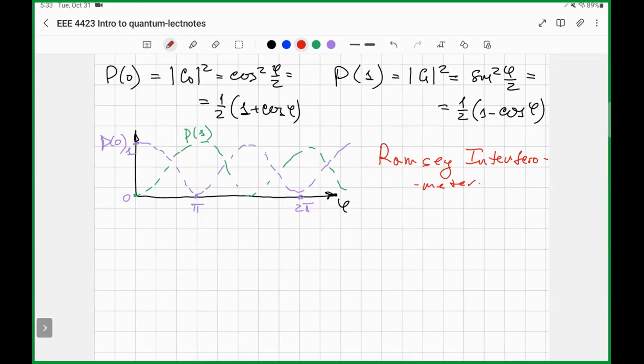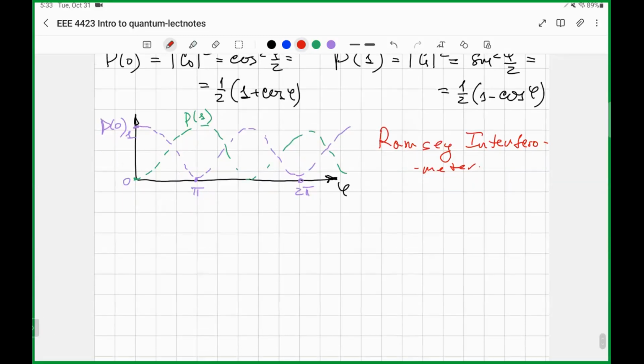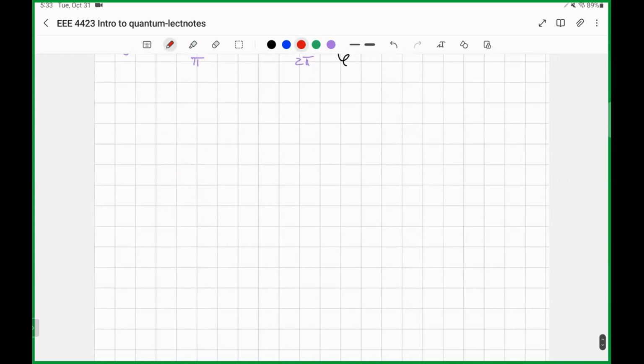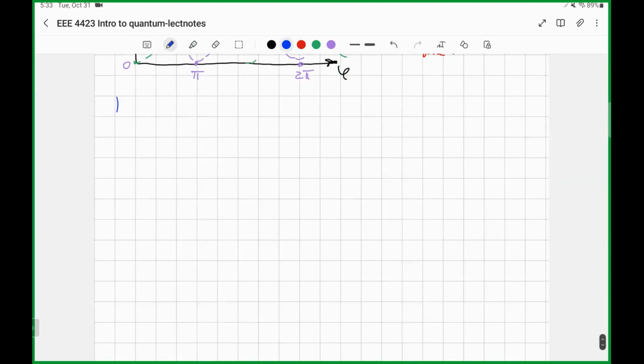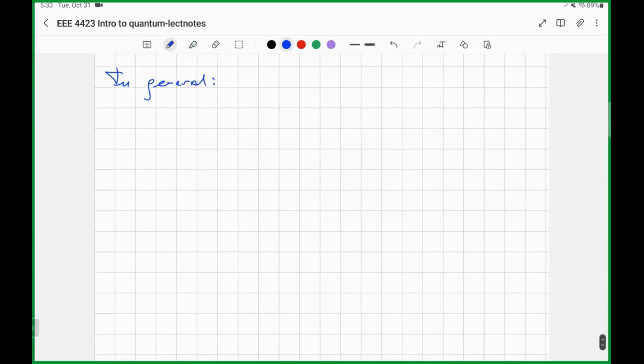All right, so why is it so important? It's important because in the general case of quantum computing, we quite often, if not always, have something like this.